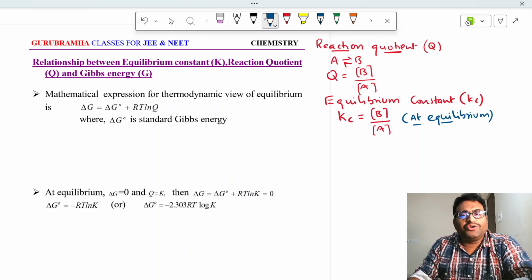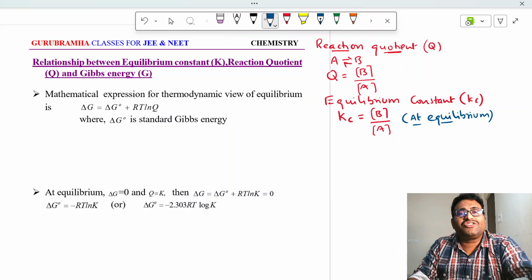But whereas Q, when is Q written for a reversible reaction? Q is written for a reaction which is not in equilibrium. So here, these are the concentrations of product and reactant not in equilibrium.